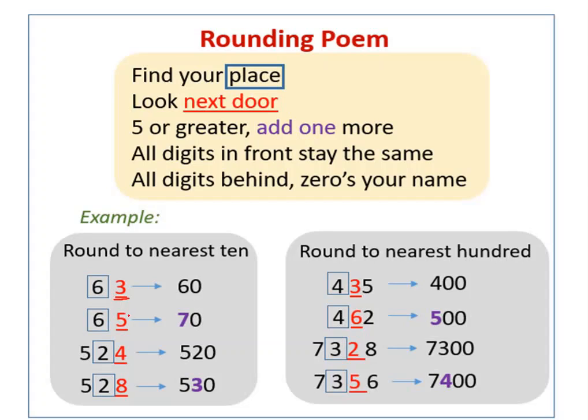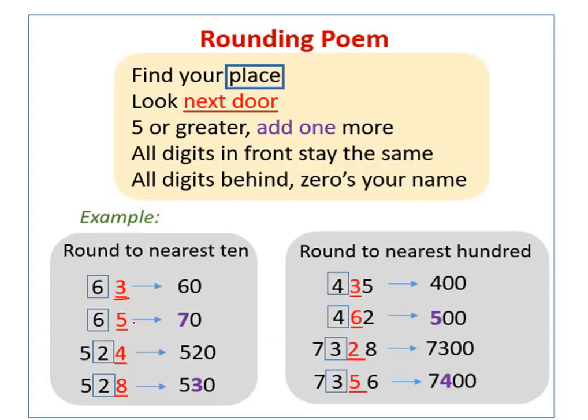Now in 65, I will do the same. Square the 6, since the question asks me to round to the tens, so I will put it in a square or circle it and underline the number next to it, to the right of it, which is 5. 5 can actually help 6 to be more, okay?